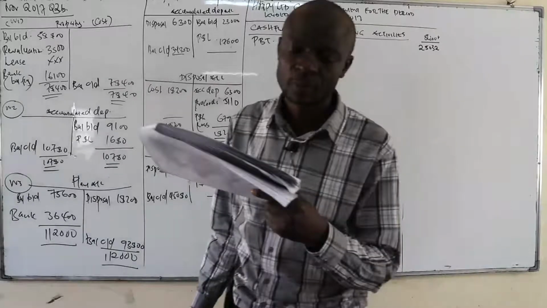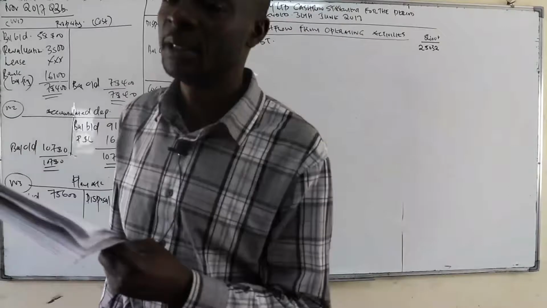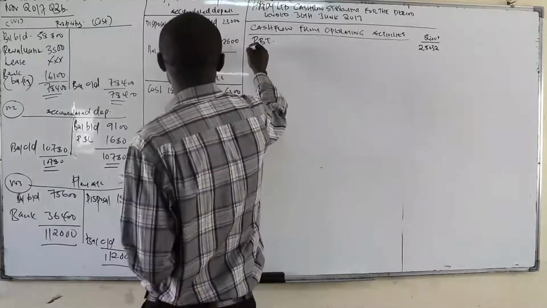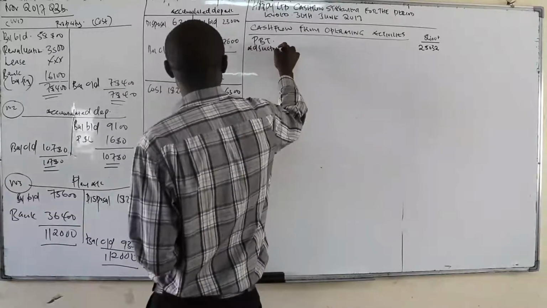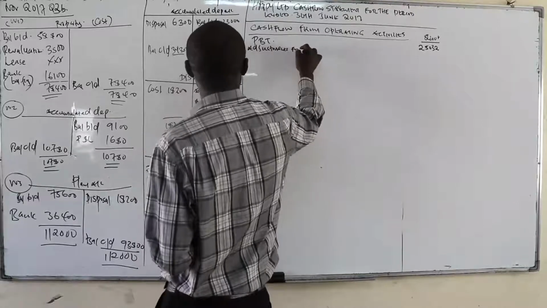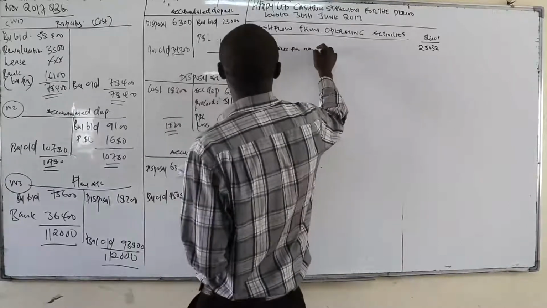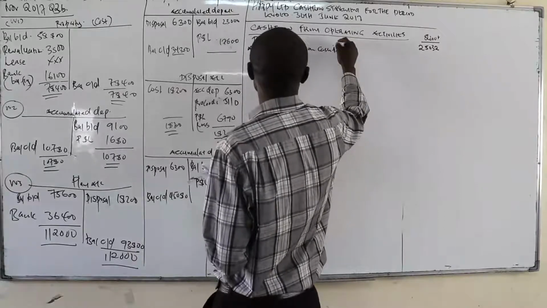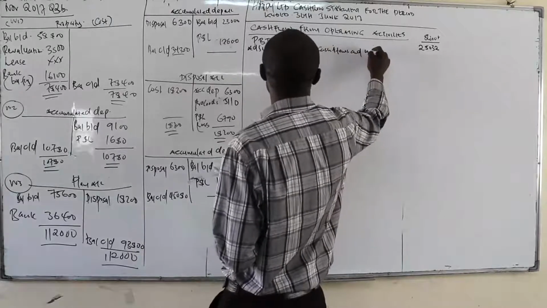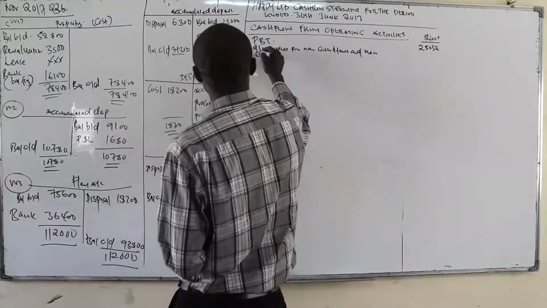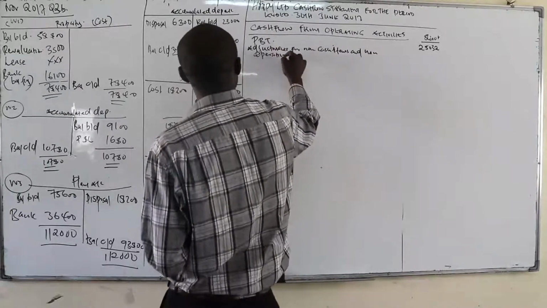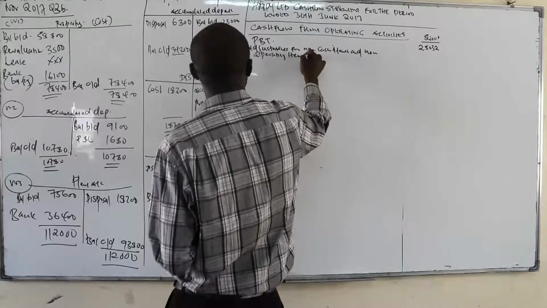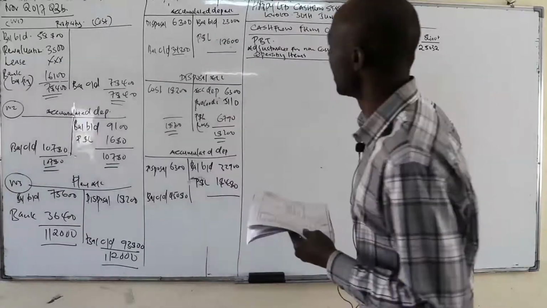You've seen it? And then your adjustment here, you write here adjustments for non-cash items and non-operating items. You adjust for non-cash items.